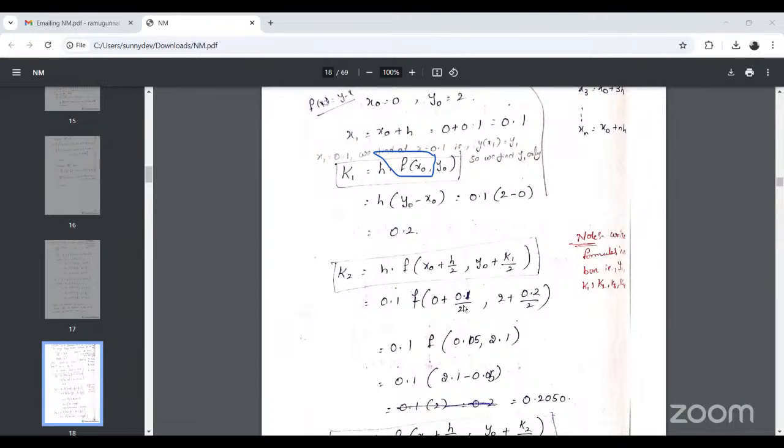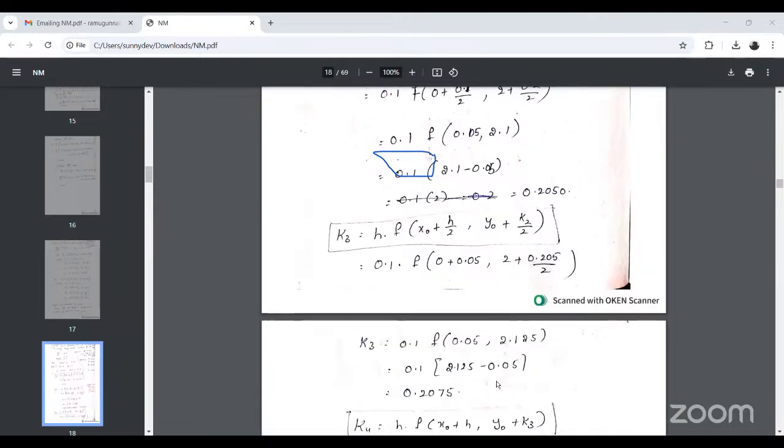That is f of 0.05 comma 2 plus 0.2 by 2, that is 2.1. So that is 0.1 into 2.1 minus 0.05, that is K2. And K3 is h into f of x naught plus h by 2 comma y naught plus K2 by 2.